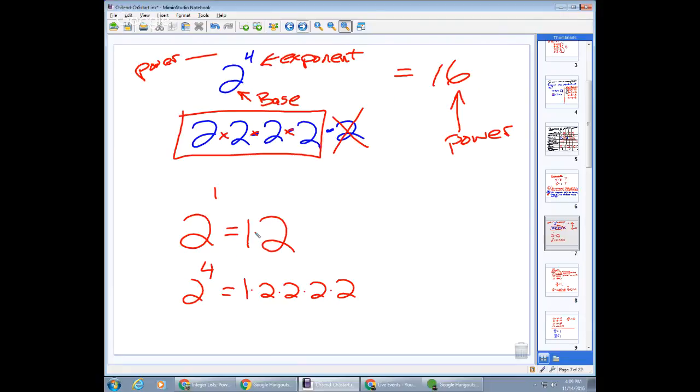Would it be suddenly weird for you to start doing that? Have you ever seen that in a book? I haven't. I've seen teachers do that. Is it wrong? Absolutely not. Nothing wrong with it. All right. So 2 to the first power, write the base, and then you're done.